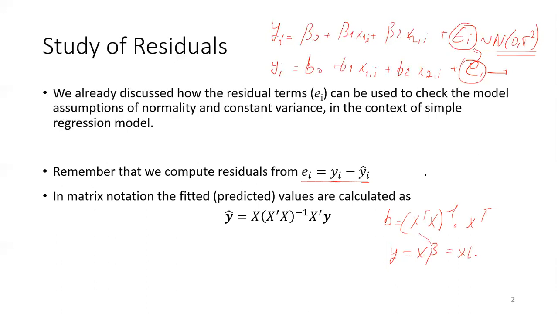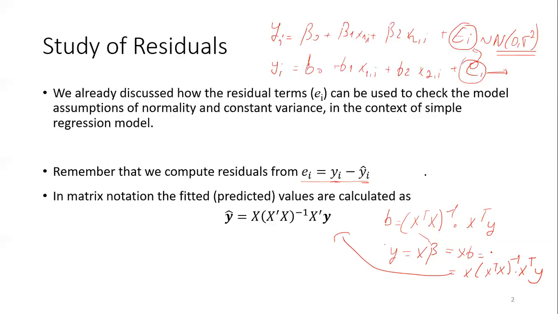So we have X times b, which equals X (X transpose X) inverse X transpose times Y.